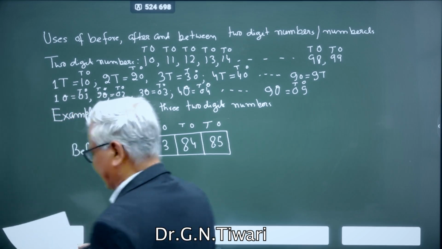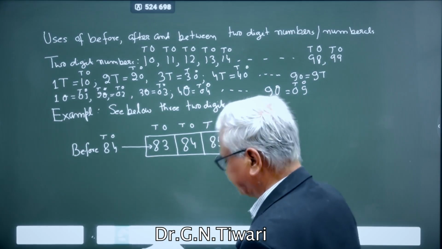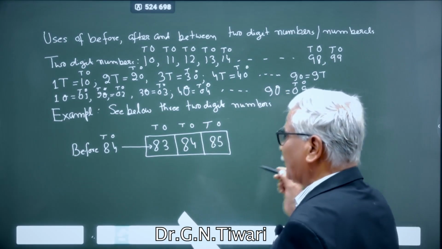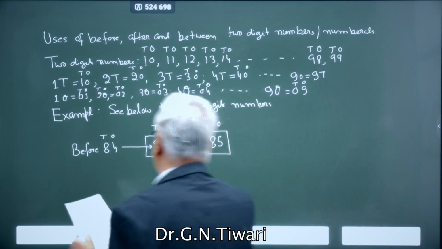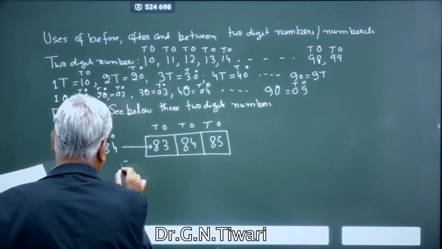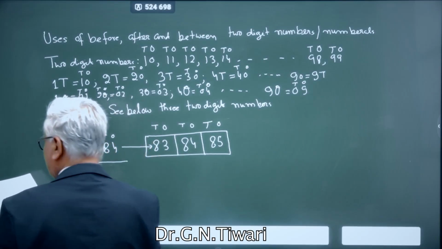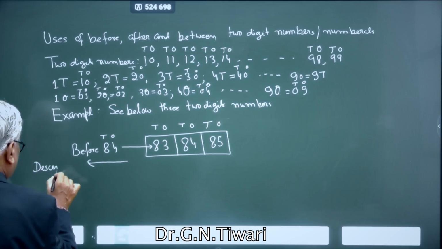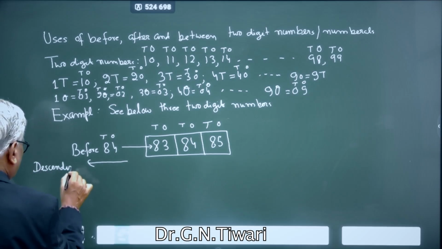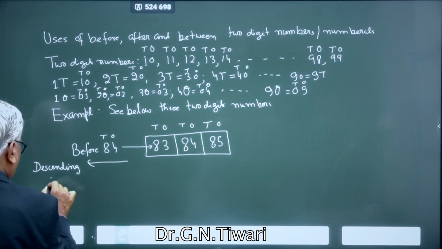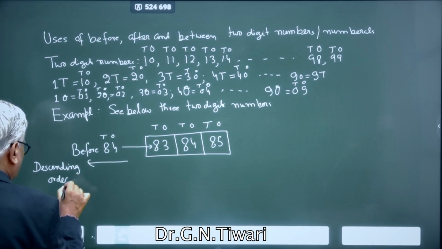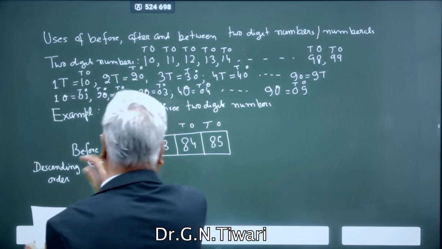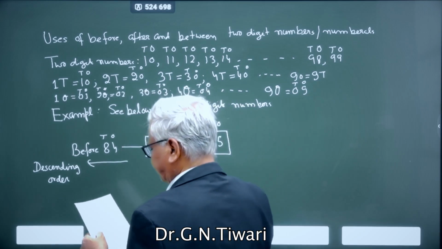Before means पहले. अब देखिए, अब एरो का डायरेक्शन जो है, if arrow direction is in this way, so this is descending order, from right to left.